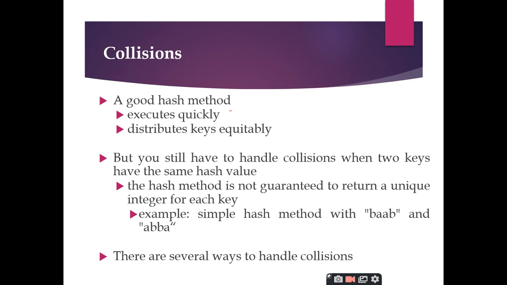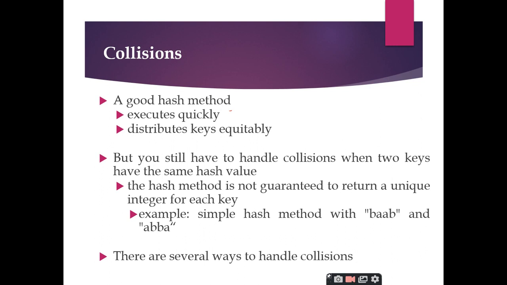In other words, we can also say that a collision is a situation where a value, when given to the hash function, generates a hash key, and that particular location is already occupied by another value. Such a situation we also call a collision, right?